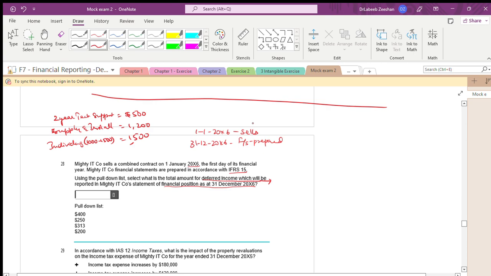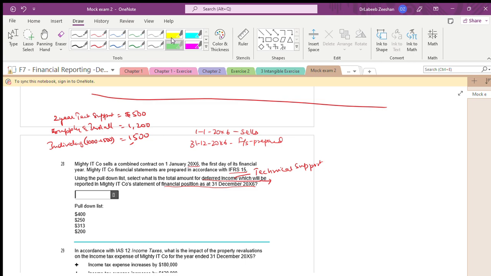You have to get the combined contract revenue. The deferred income is for technical support. First, you should know the value of the combined contract. Is it right?